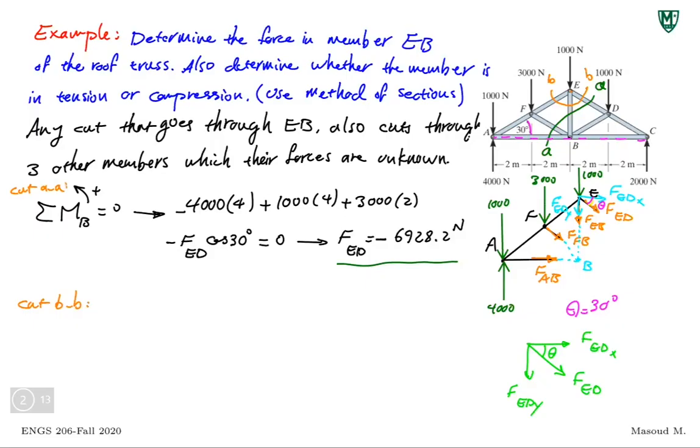Since I was told in the problem I can use only method of section, I kind of cheated. Right? I said, well, this is my section. So section BB, if you look at it, is a very interesting section. This is E, and then we have this one, and this one. FED, we have to switch the direction. Let me put in the right direction here. There you go.